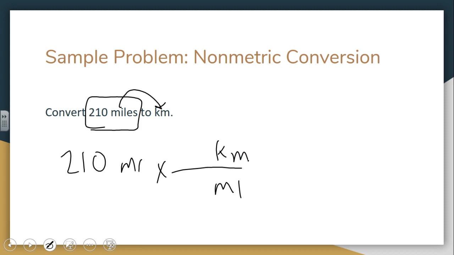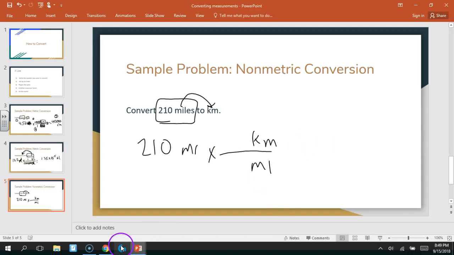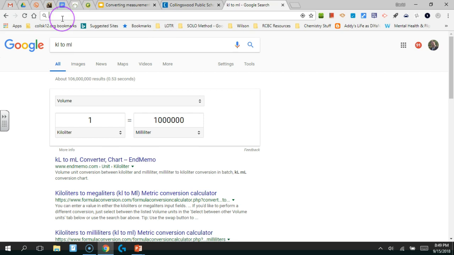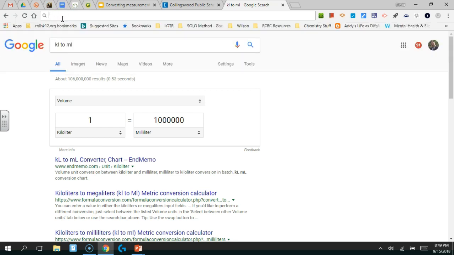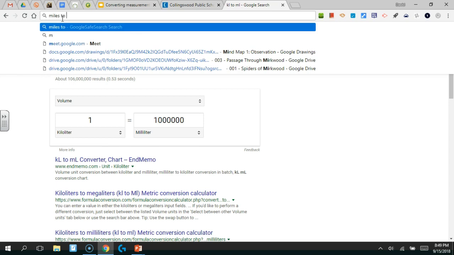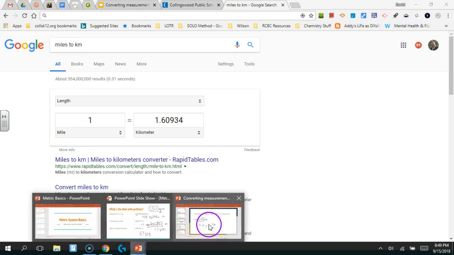Now, step 4, now we have to go back and do this crazy thing. And we look up miles, not N miles, miles to kilometers. And Google gives us that. 1 mile is 1.60934.